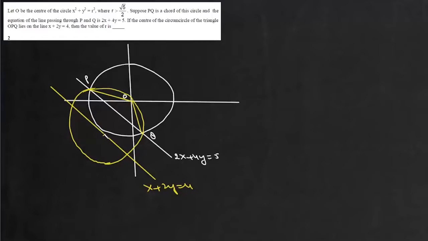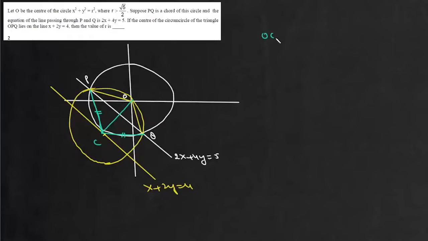Now if we join this center with P and Q, this CP is equal to CQ, and the distance from the origin to this line will be 4 by under root 5.